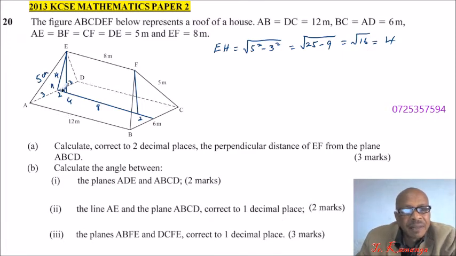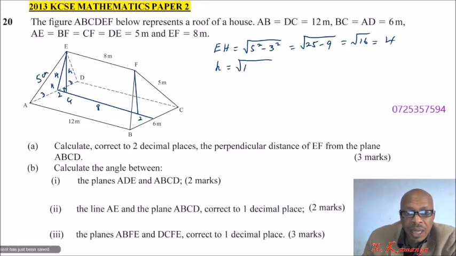If this side is 4 and this is 2, then the height that we are looking for is, since this is a right angle, the square root of 4 squared minus 2 squared.